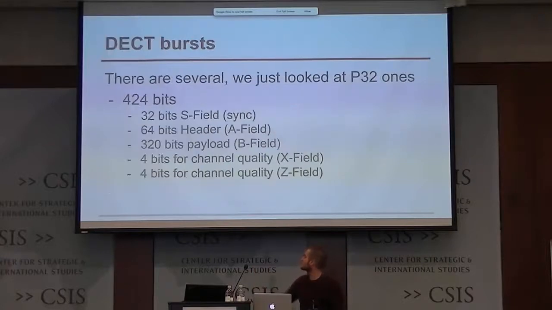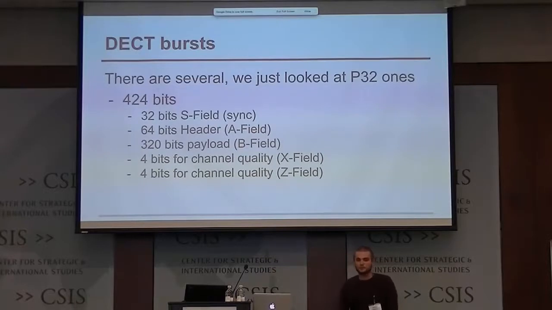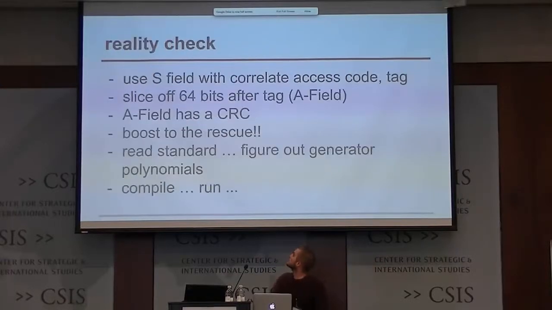I'll skip all of this because it's not that smart. So you have DECT first. There are several; we just looked at the one. It's like 424 bits and has this sync field in the beginning, and we're constantly correlating in parallel in all channels for this sync field, and it turns out it kind of works.